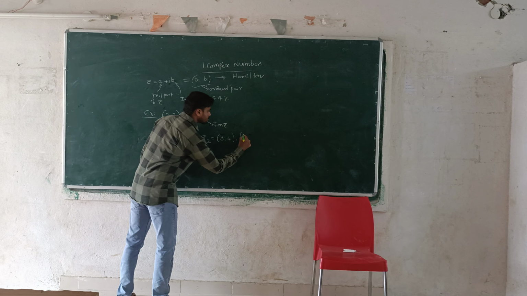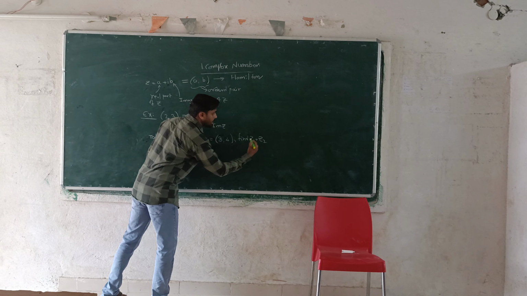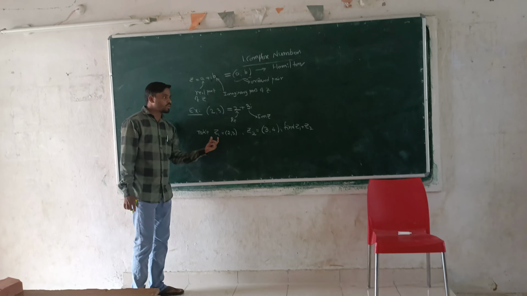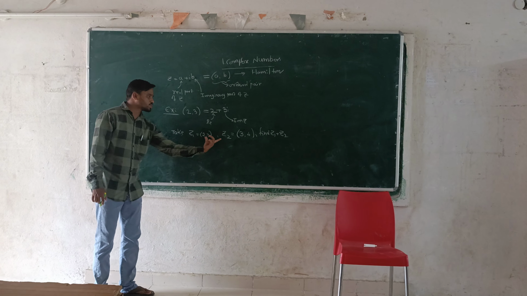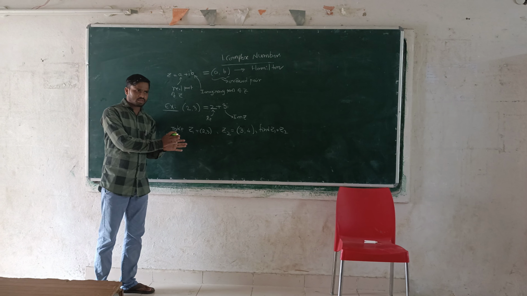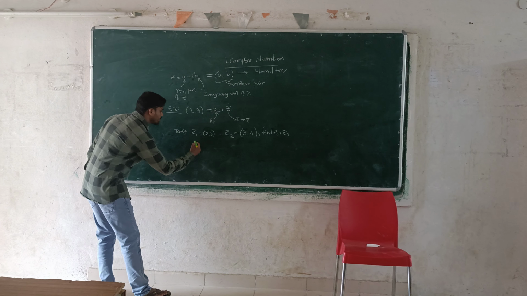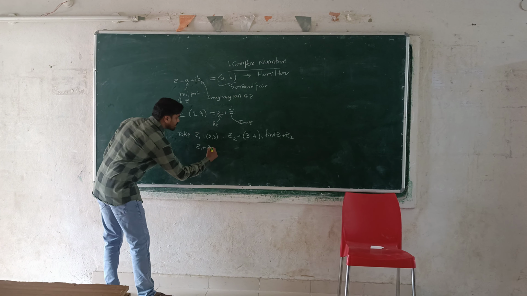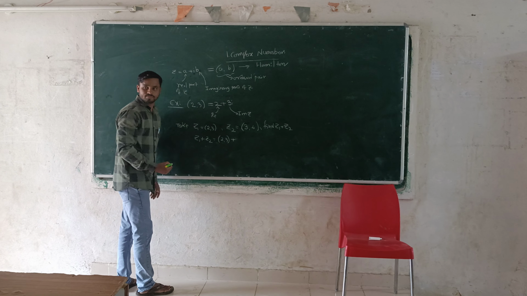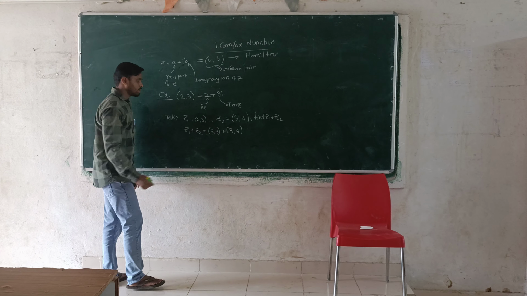Find Z1 plus Z2. So here, to get the addition of these two complex numbers, we need to add the real part and the imaginary part. Yes or no? Right. We will add here. Z1 plus Z2 is equal to 2 comma 3 plus 3 comma 4. Yes or no? Yes, sir.